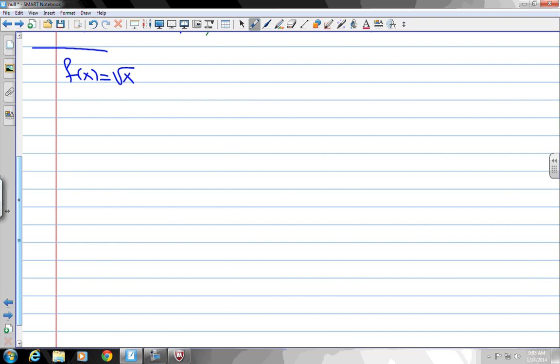So again, computing the difference quotient, f of x plus h minus f of x over h, provided that our function is the square root of x. So when we set this up, we'll end up with the square root of x plus h minus the square root of x over h.